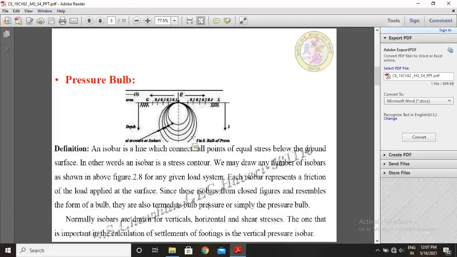Assuming various values for z, the corresponding Kb values are computed. For these values of Kb, the corresponding r by z values are obtained, and for the assumed values of z, the r values are plotted.